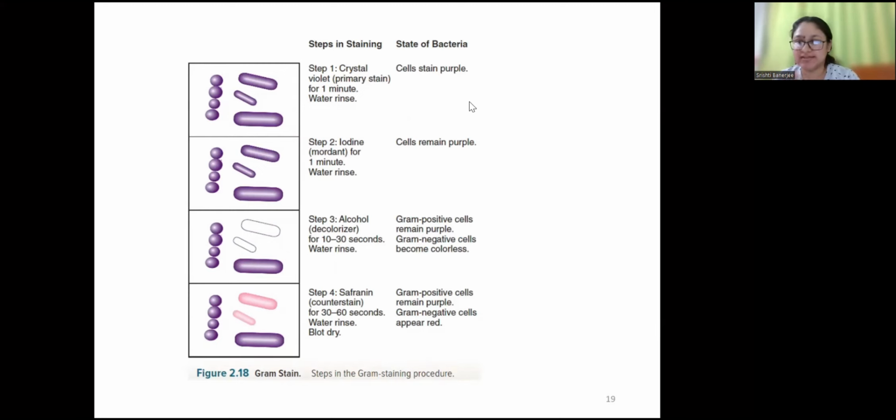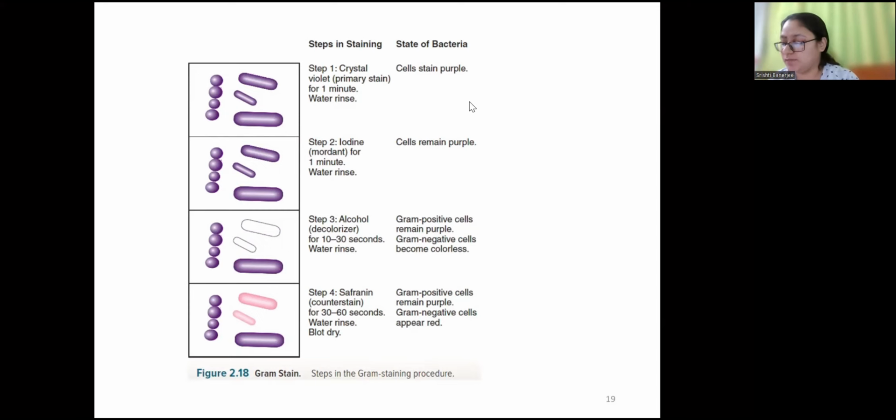So we see that all cells are now purple. Then we rinse it, as whatever color has to bind will bind. Then we apply the mordant, which is iodine, and again we rinse it. This iodine will enhance the binding of the gram stain to the cell.